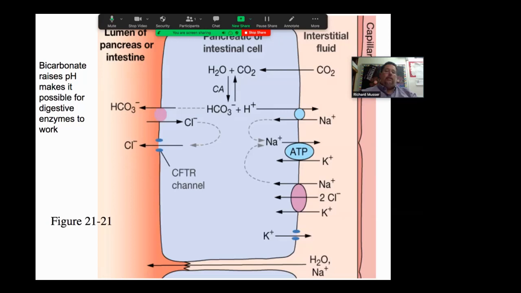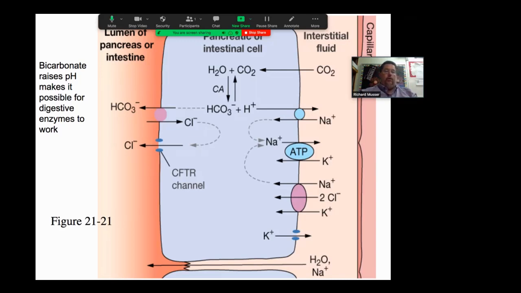That's what CA stands for. Carbonic anhydrase. So carbonic anhydrase makes bicarbonate. That bicarbonate is then transported out into the lumen, ultimately making a very acidic chyme into a more basic, ultimately neutral solution, 7.3-ish or so. That's important for a lot of the enzymes to work.